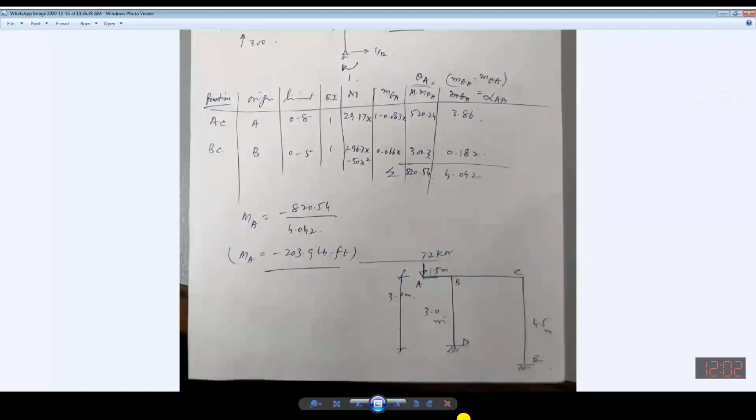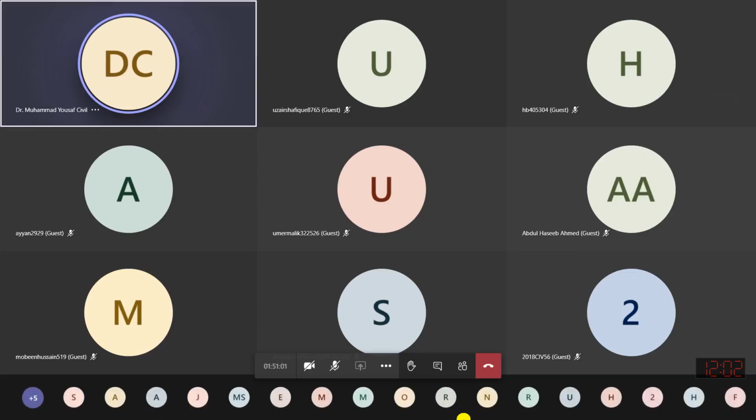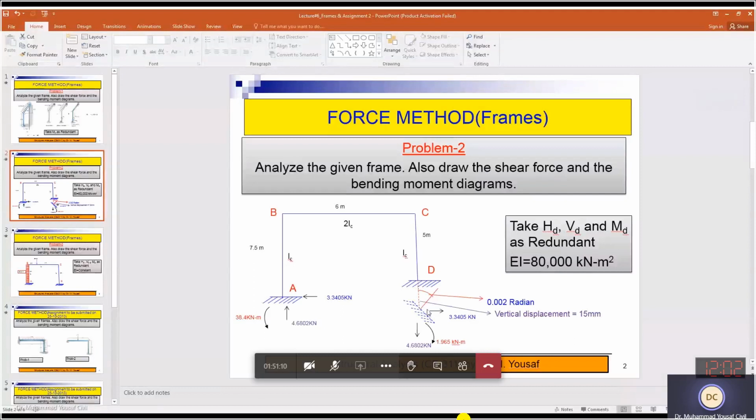यस सर. Okay. Then there is another similar sort of question, and you have done it earlier. This is the support settlement. What will be the situation over there? Kyun bhai?